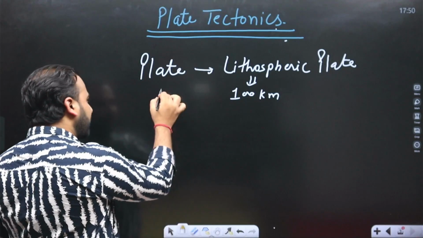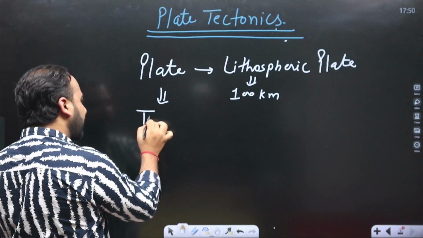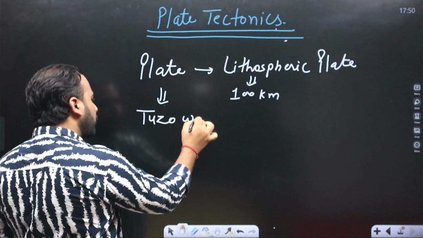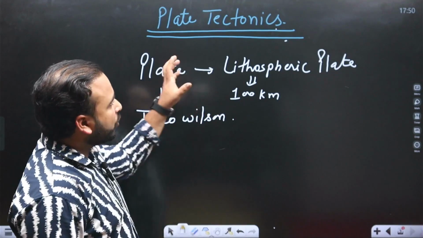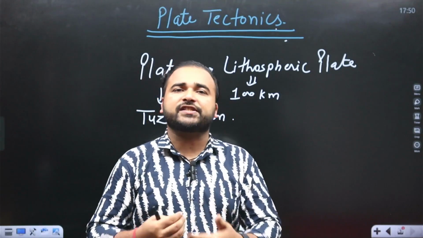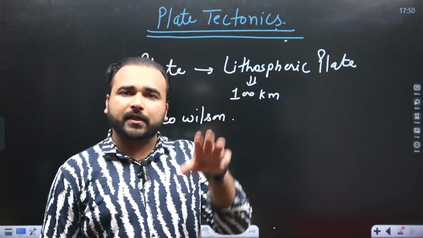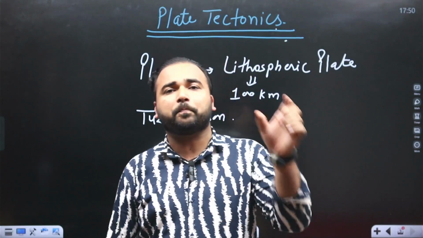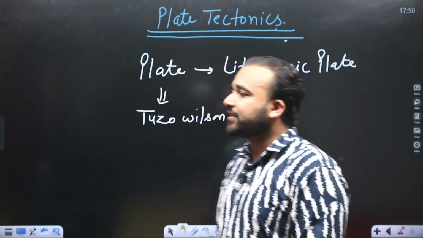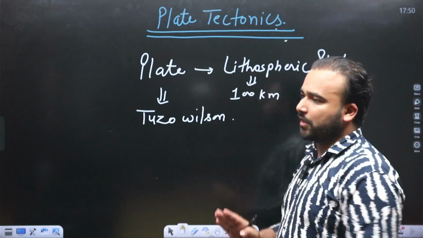The word plate was first given by Tuzo Wilson. Tectonics means the drifting or shifting. The theory is all about the shifting or drifting of plates, and plates means lithospheric parts.